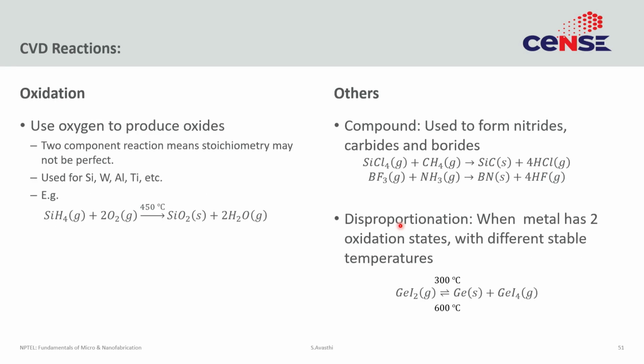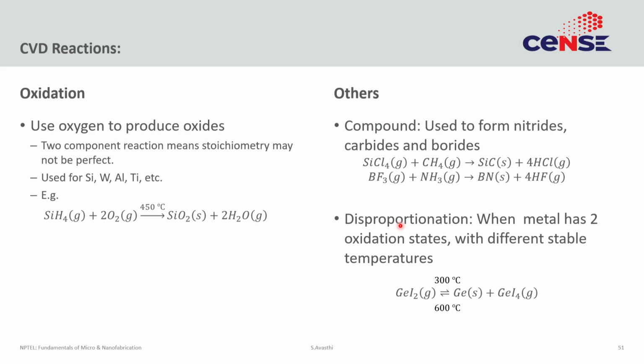The next two classes that are less common but still must be discussed are oxidation and the general class of others. Oxygen often tends to produce oxides, which is obvious. Most oxides are not semiconductors, or at least not popular semiconductors. So, oxidation as a technique in CVD is often less used.